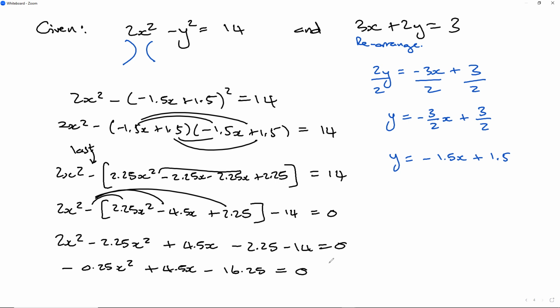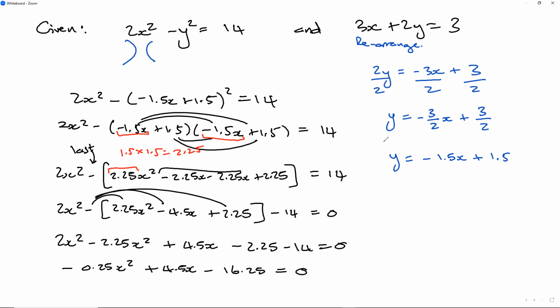All right, so in order to get 2.25, we take negative 1.5 multiplied by negative 1.5, and that becomes 2.25, because we must just remember that 1.5 multiplied by 1.5 equals 2.25.